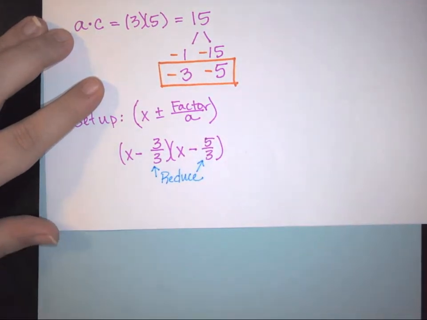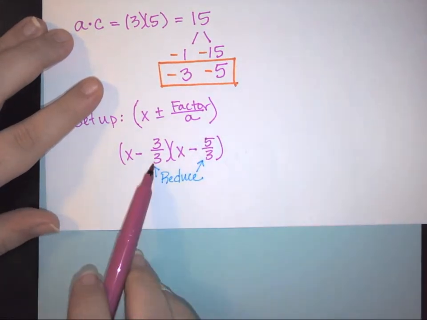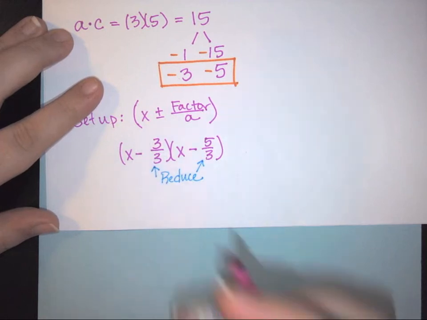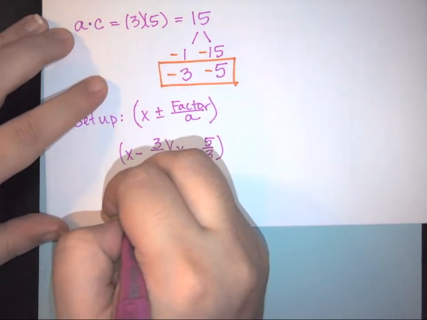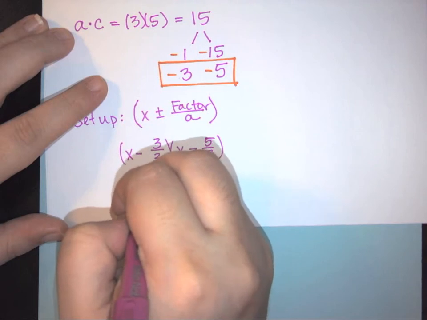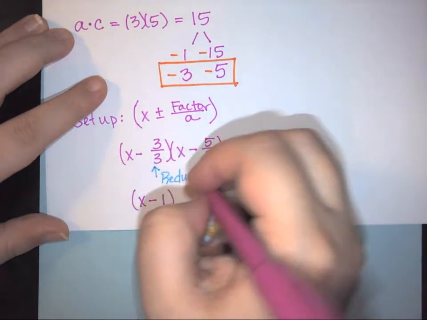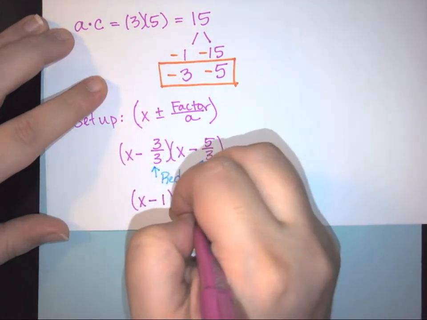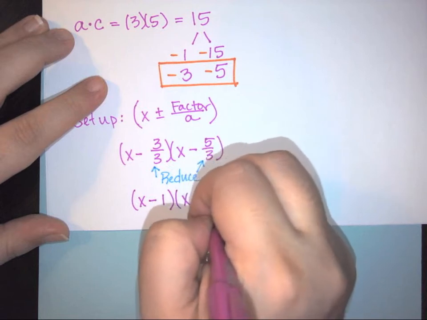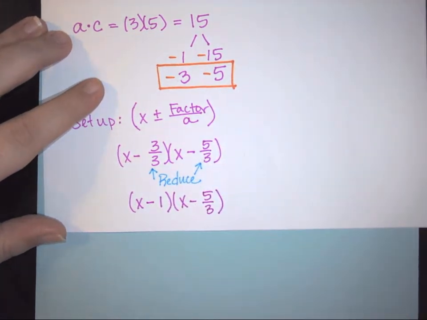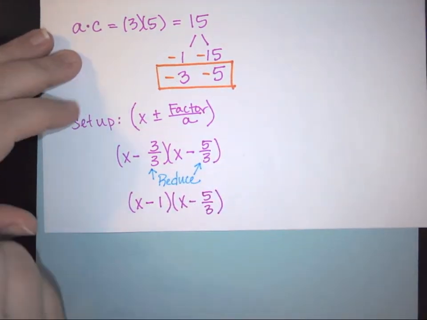And in this case, the only one that reduces is this first one, because 3 over 3 becomes a 1. So this essentially is going to become x minus 1, and it's going to leave behind the x minus 5/3 because I can't do anything there. The last thing that we do is called bottoms up.